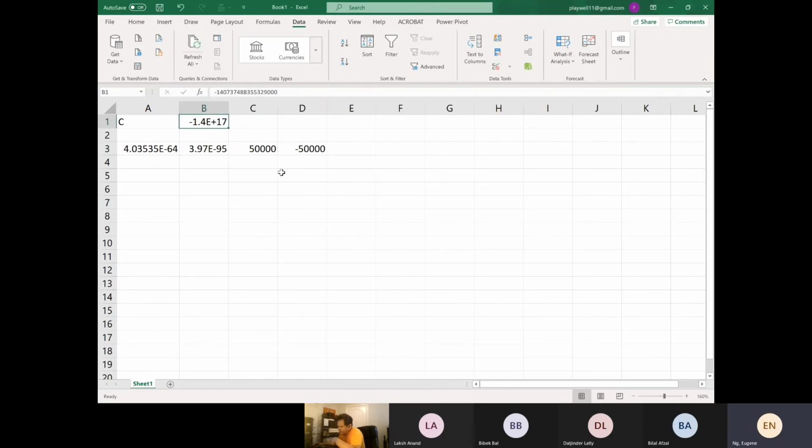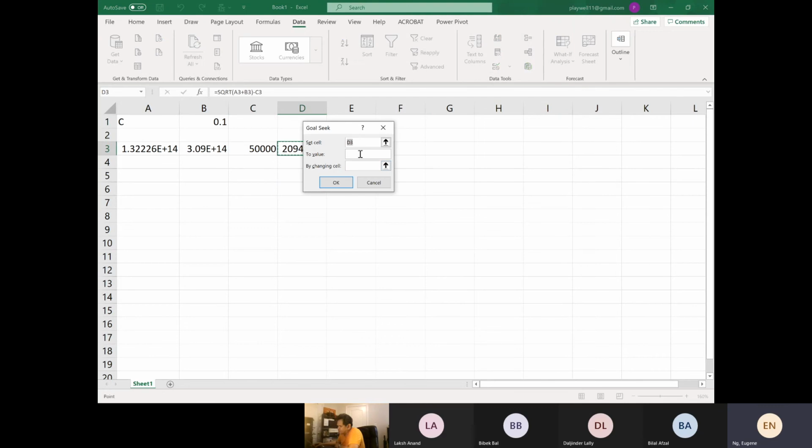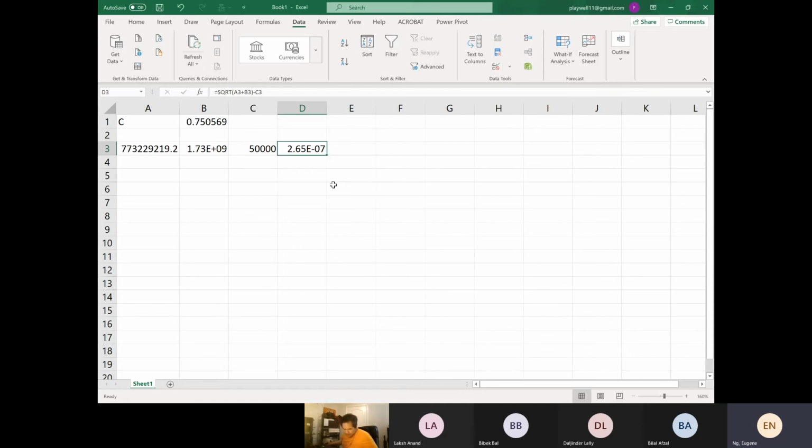See, it's not getting your answer, right? So if that's the case, 5,000 is too big, so you put 0.1 as your initial guess. You put what if, goal seek, change to 0 by changing this cell over here. So this will be equal to, there you go. 0.750557. Okay, so that is our answer.